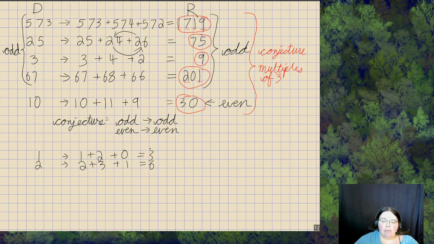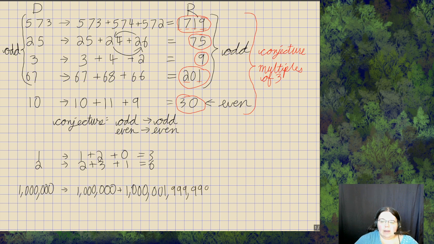Now the problem with doing it this way is we'd be at 1,000,000, and that would give us 1,000,000 and 1,000,001 and 999,999. Whoops, I shouldn't have put a comma there.